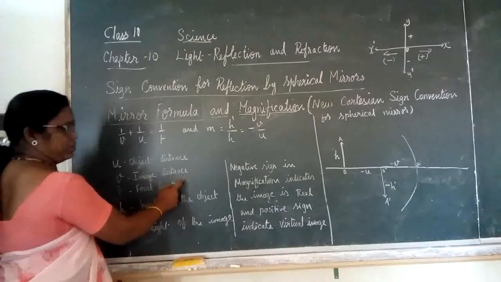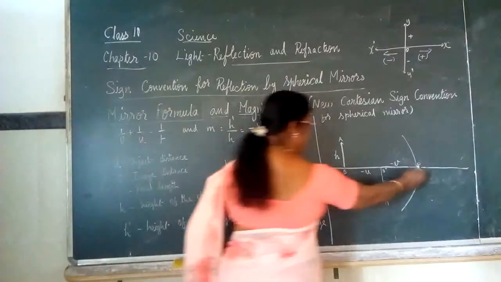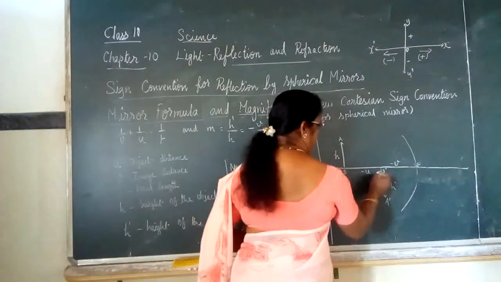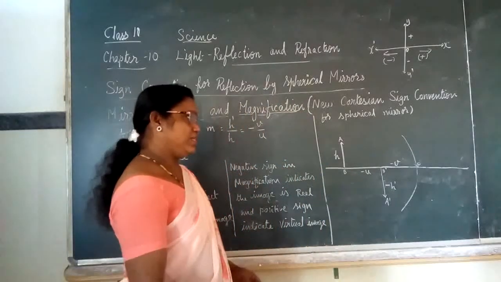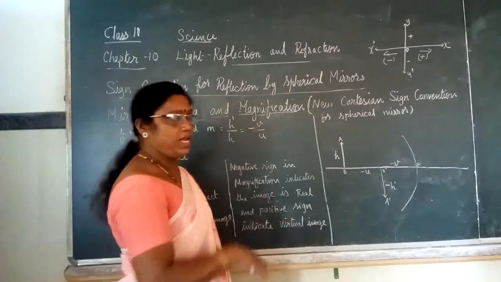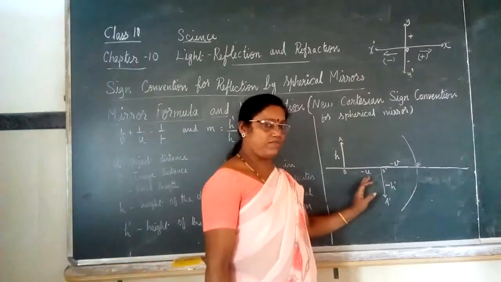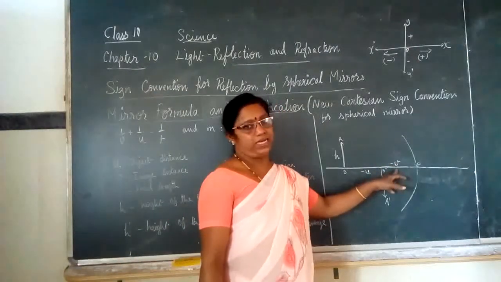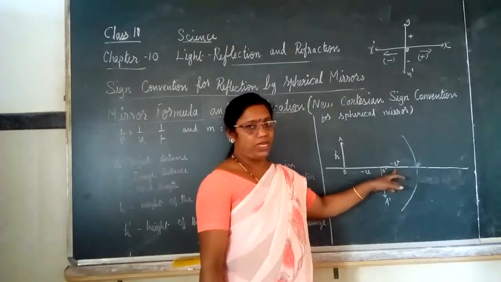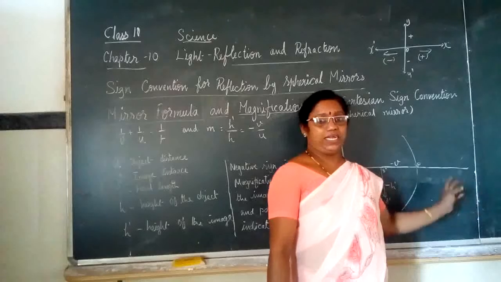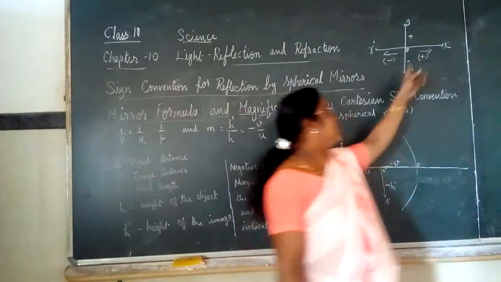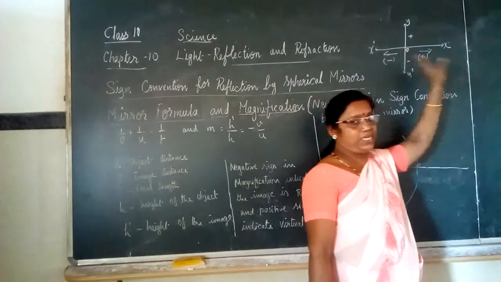In a concave mirror, we get the image on the left side itself, so here we get minus v. If the image is on the right side of the mirror, then it is taken as plus v, because on the right side it is positive.